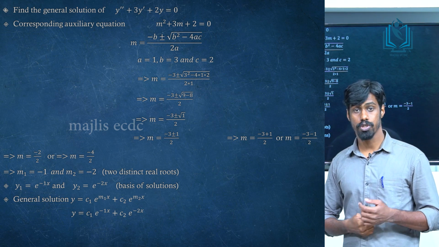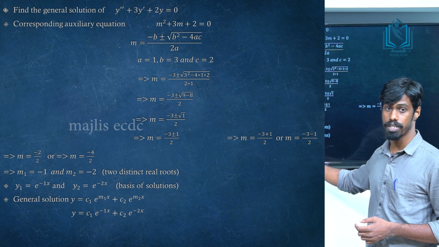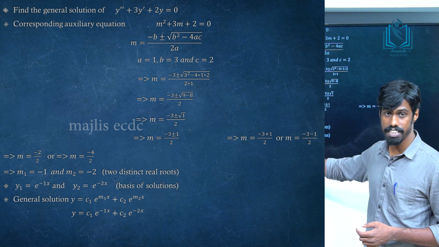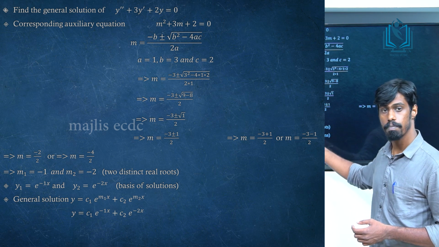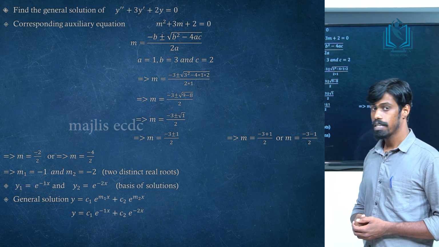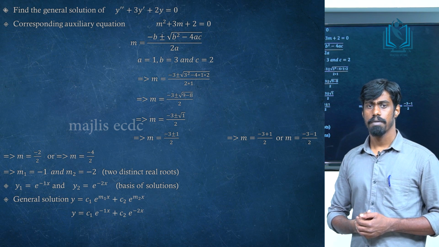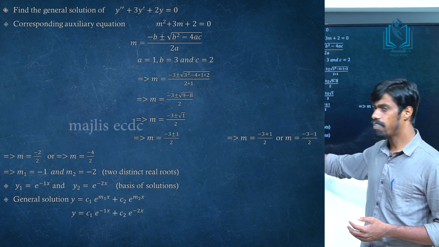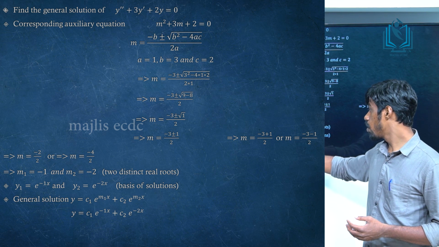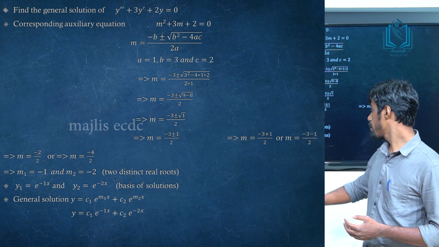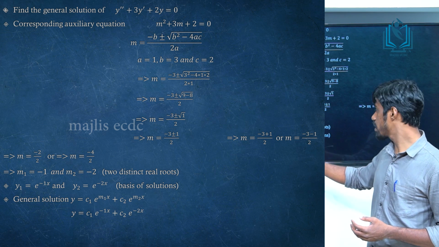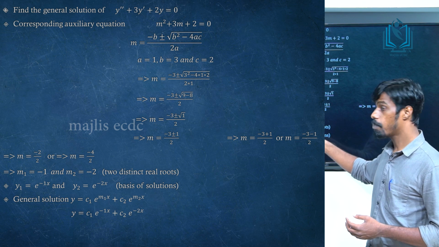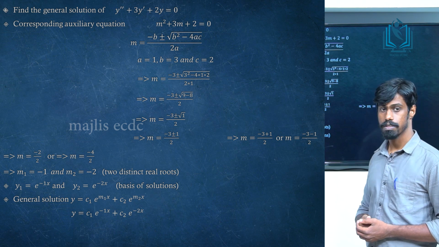These are the two distinct real roots, m1 is equal to minus 1 and m2 is equal to minus 2. Then the corresponding basis solutions are y1 is equal to e raised to minus 1x and y2 is equal to e raised to minus 2x.